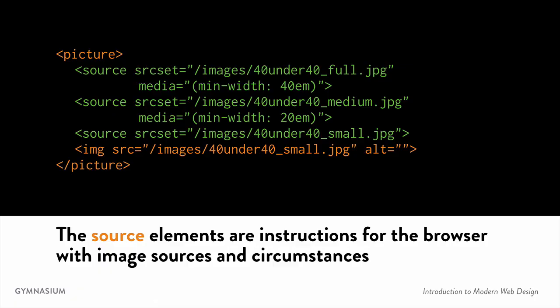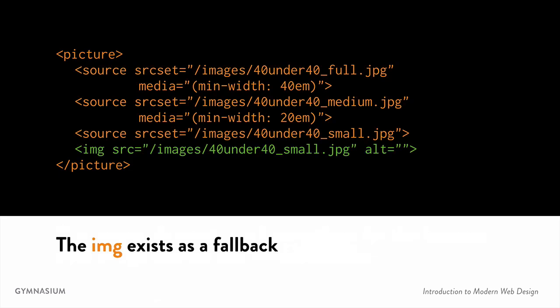The way that picture works is that the browser will choose the first image that matches the given context. So you start with the largest one first. In this case, if the minimum width is 40 ems. In the case of the second one, if the minimum width is 20 ems. And then the third one is simply the default source that should be used by the picture element, which is the small version. Last but not least, you'll notice we've got an image element in there.